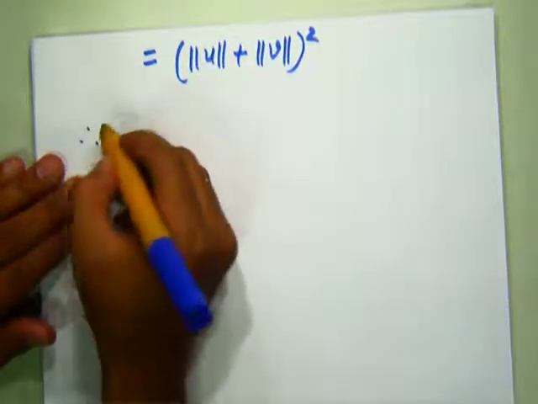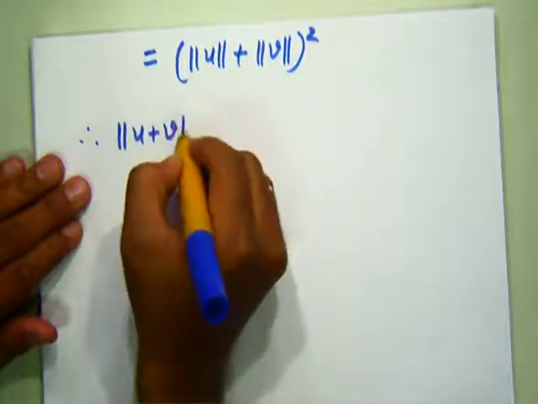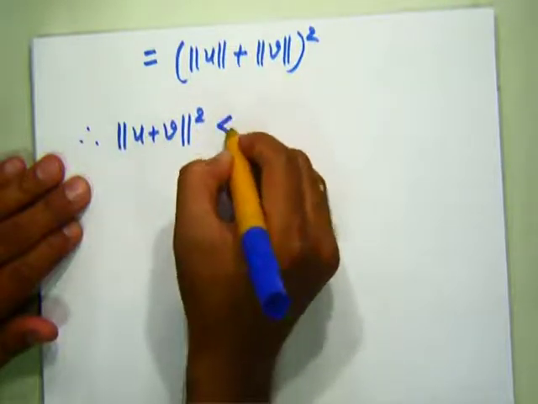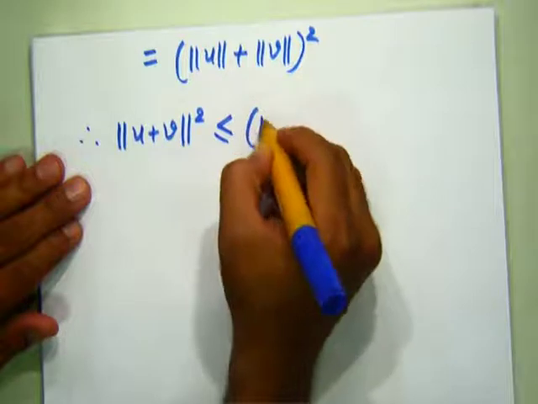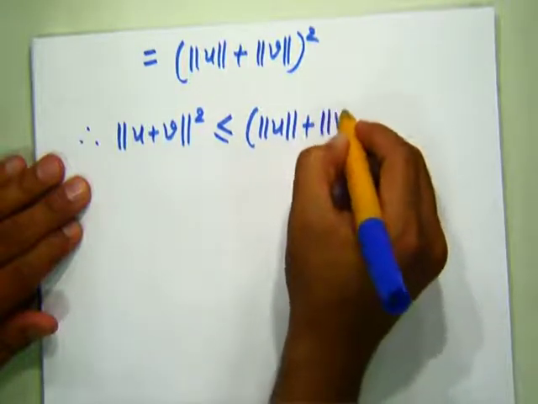So finally we have this norm of u plus v all square is less than or equal to norm of u plus norm of v.